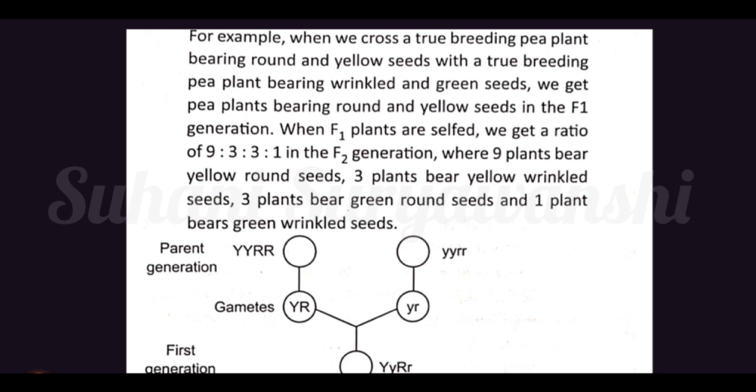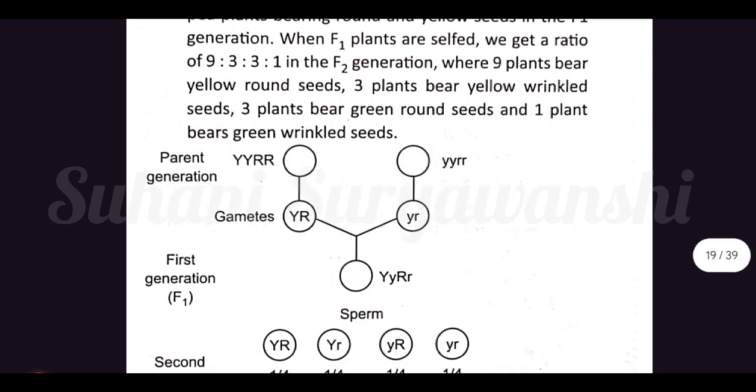And when the F1 generation is selfed, we get a ratio of 9:3:3:1 in the F2 generation, where 9 plants bear yellow round seeds, 3 plants bear yellow wrinkled seeds, 3 plants bear green round seeds, and 1 plant bears green wrinkled seeds.